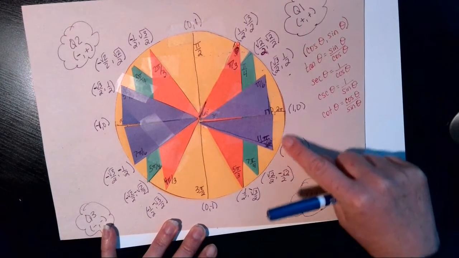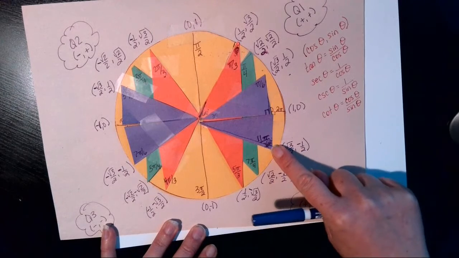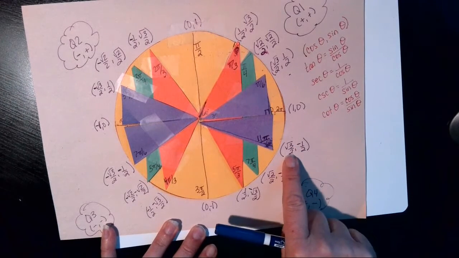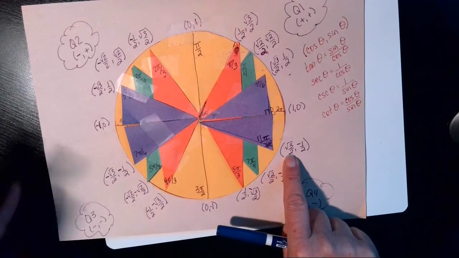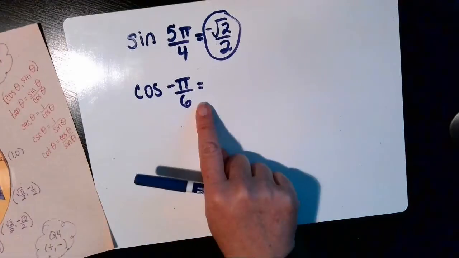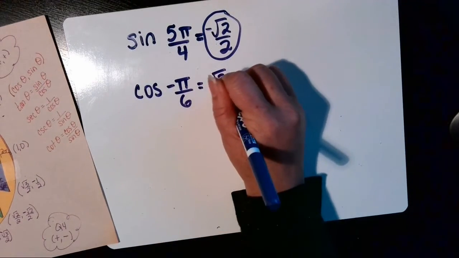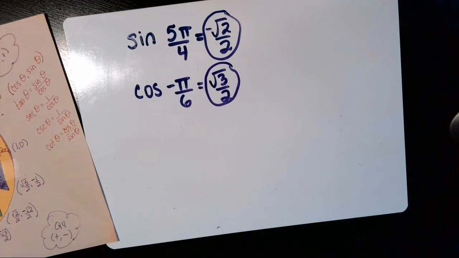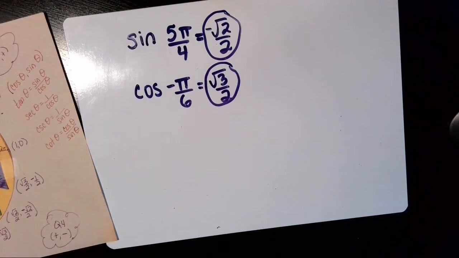So from 0, I'm going to go to the very next purple, that's negative pi over 6, and look at the x coordinate, which is square root of 3 over 2. That's the cosine. So square root of 3 over 2 is the cosine of negative pi over 6.